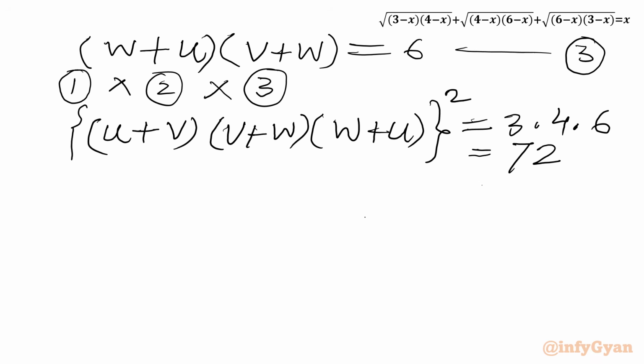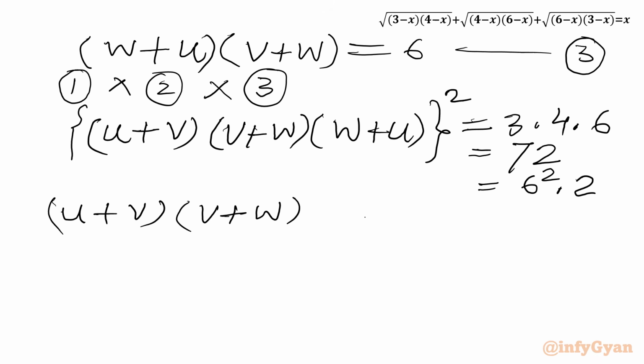Now 72 can be written as 36 times 2, that is 6 square times 2. Now we will take the square root on both sides. So we will write u plus v times v plus w times w plus u equal to plus or minus 6 square root 2.